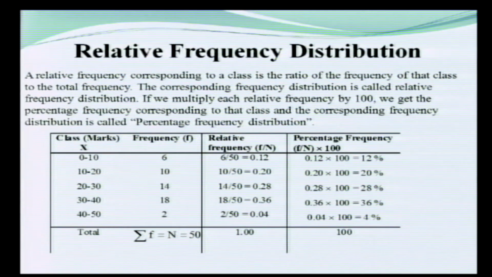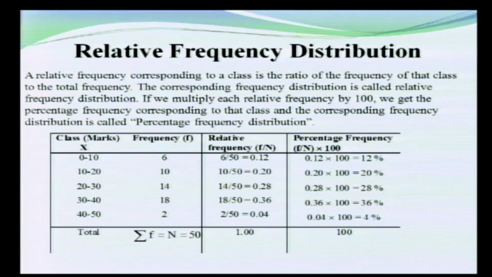Further, the discrete frequency distribution and continuous frequency distribution can be extended to the relative frequency distribution. A relative frequency corresponding to a class is the ratio of the frequency of that class to the total frequency. For example, in the example you are viewing on the screen, the total number of students in the class is 50, and in the marks class 0 to 10, the number of students is 6.